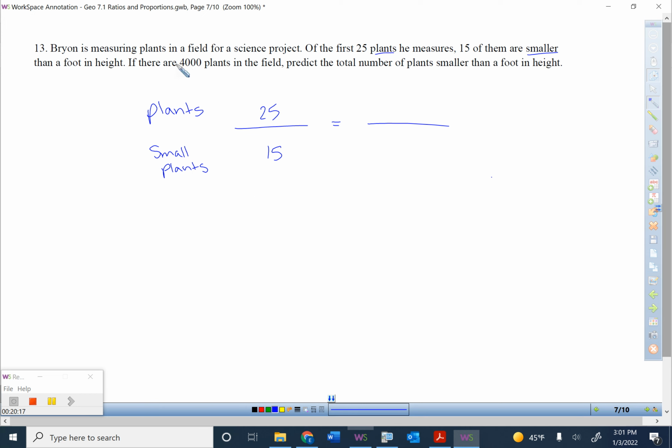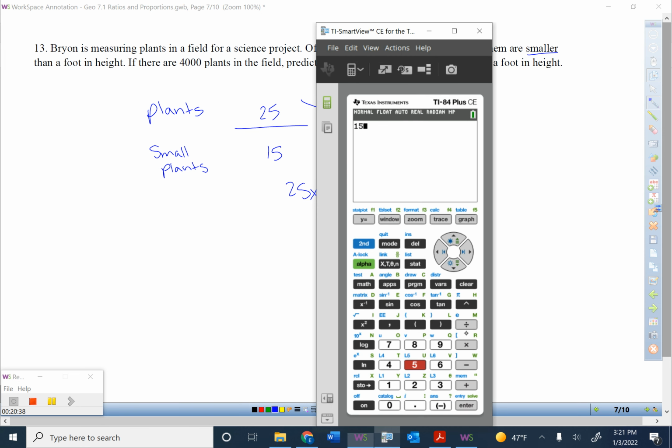Then it says there are 4,000 plants in a field. Okay, it doesn't say smaller plants, so that has to go with our total. And it says we want to know how many of them are smaller, so we put an X there. And now it's just like those problems up above where we just cross-multiply to solve. Okay, so we've got 25 times X. Then we're taking our 15 times 4,000.